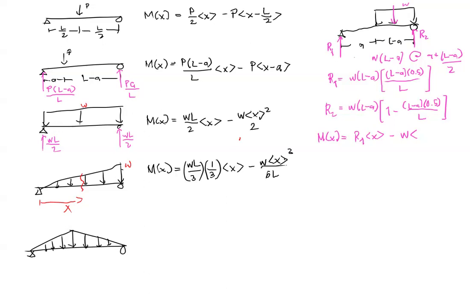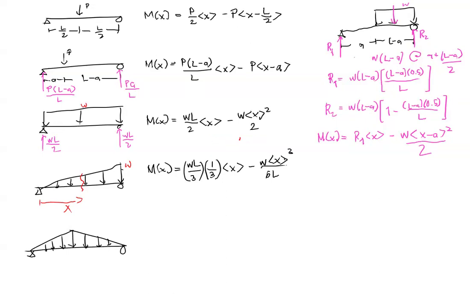Bakit ko binara? X minus a squared over 2. Katulad lang nito, pero meron lang x minus a kasi it started at a. So, ito yung moment function.